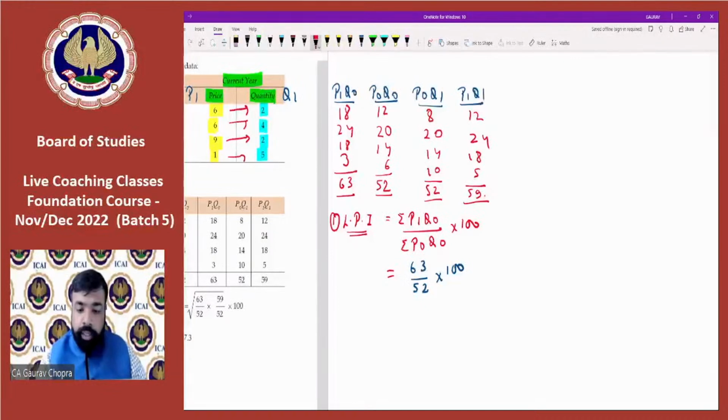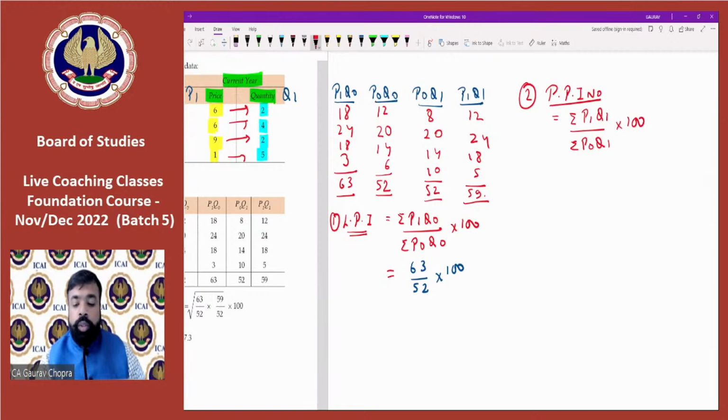Then similarly, we can calculate the second one, that is Paasche price index number. So the formula is sigma P1 Q1 upon sigma P0 Q1 multiplied by 100.